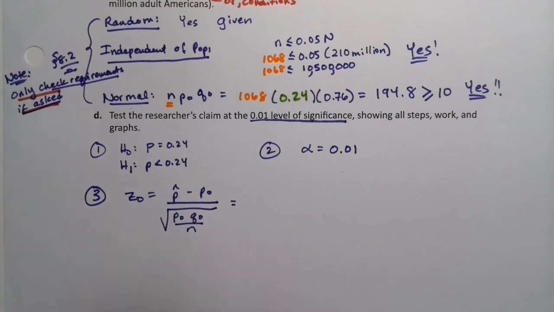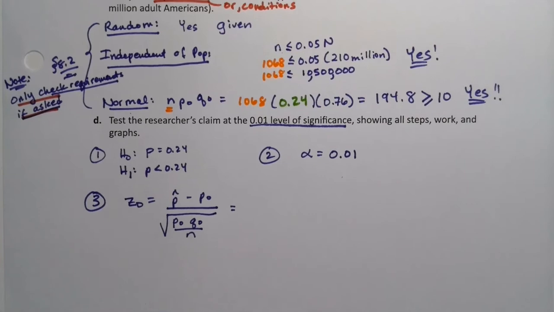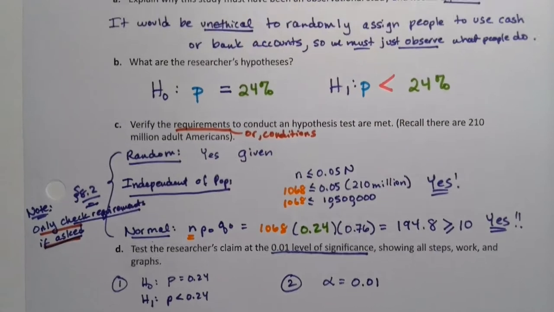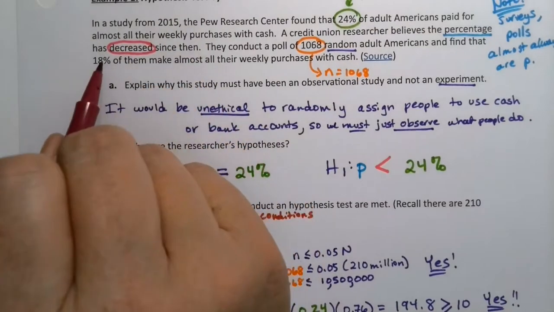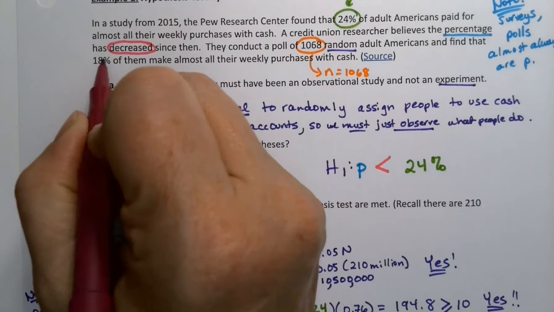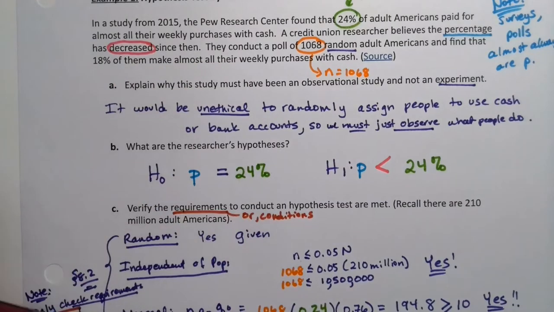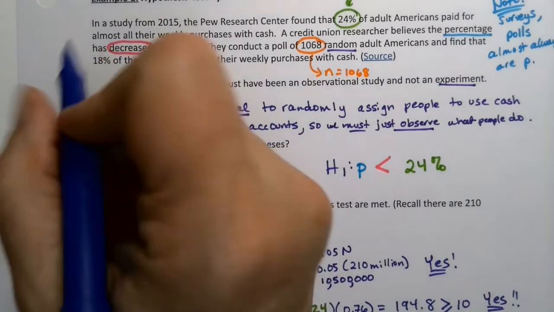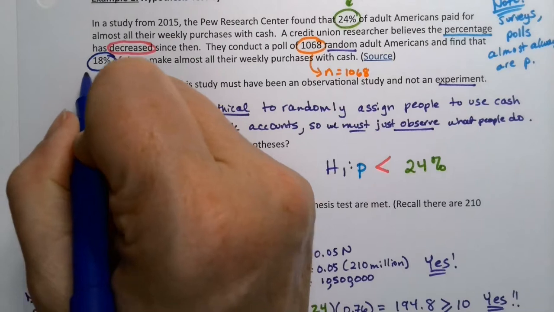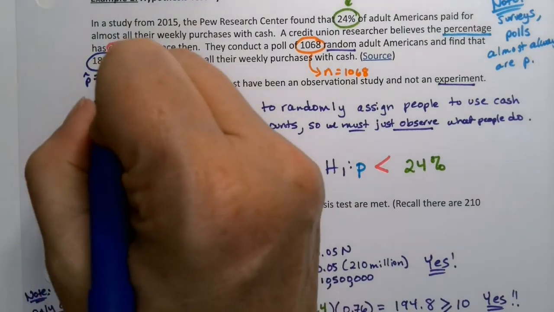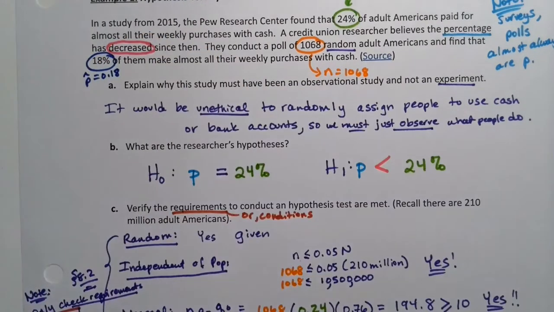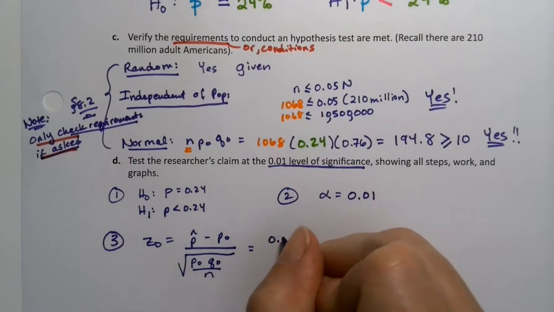All right, so p hat, finally, that's the 0.18. See this value right here? 0.18, that's p hat right here. I'm going to do it in blue here. Right, p hat is 0.18. So down here, I'm going to put 0.18.